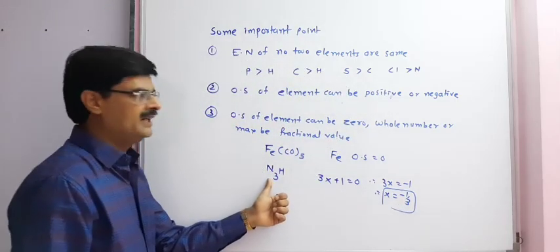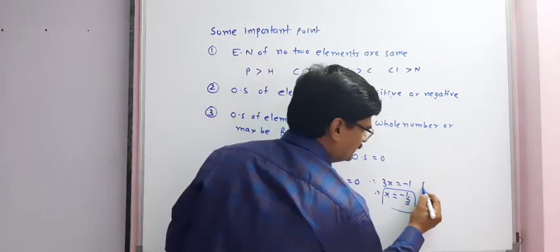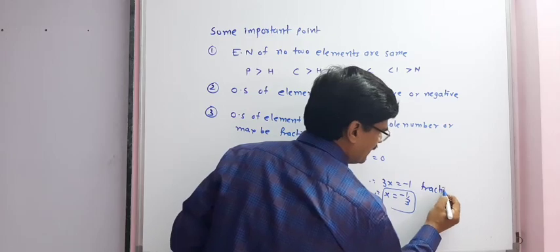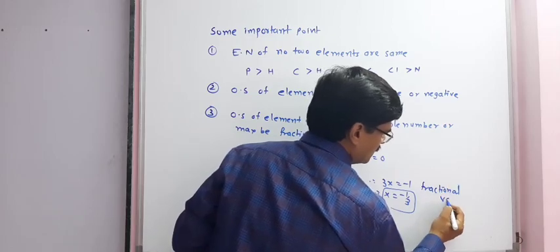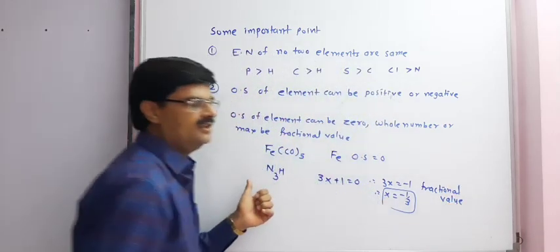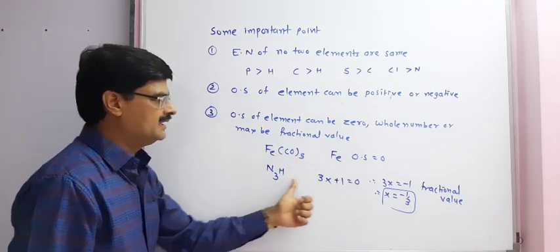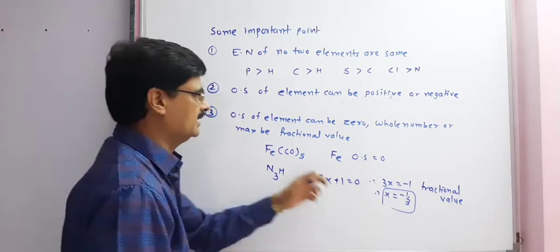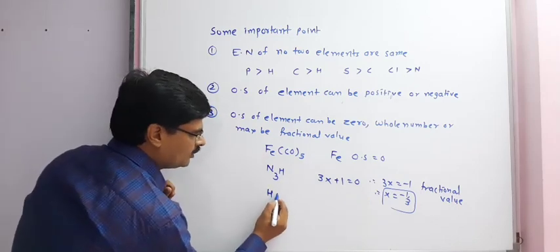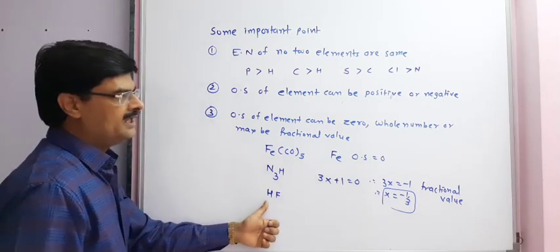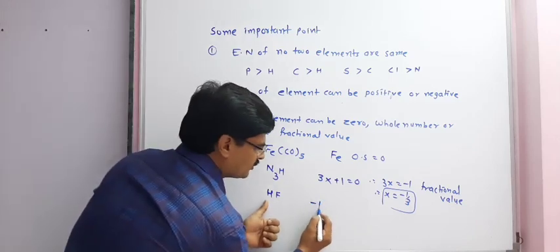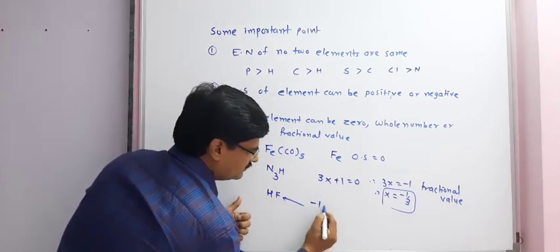So here we get a fractional value. Fe(CO)5 is 0 and N3H is minus 1 by 3. Now in the case of HF, fluorine has a minus 1 oxidation state.